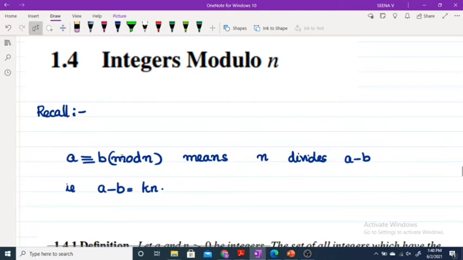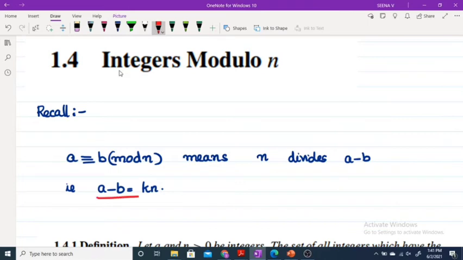That means actually a minus b or b minus a is divisible by n. Actually a minus b or difference, that means n divides the difference. That means n divides a minus b or n divides b minus a, etc. Okay.